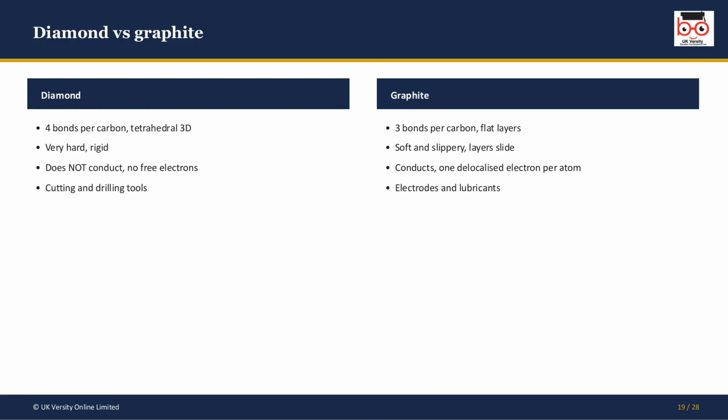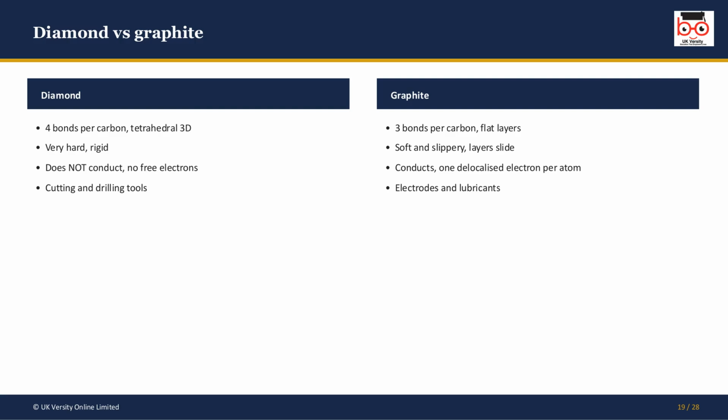Let's put diamond and graphite head-to-head. Diamond has 4 bonds per carbon in a tetrahedral 3-dimensional structure. It's very hard and rigid. It does not conduct because there are no free electrons, and it's used in cutting and drilling tools. Graphite has 3 bonds per carbon in flat layers.